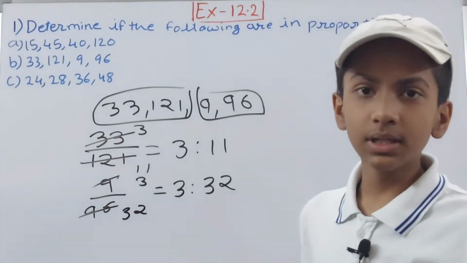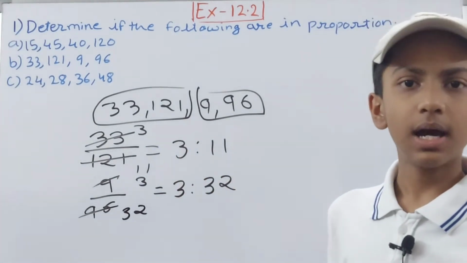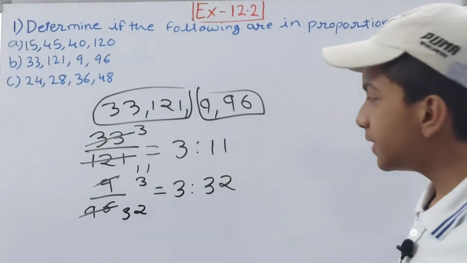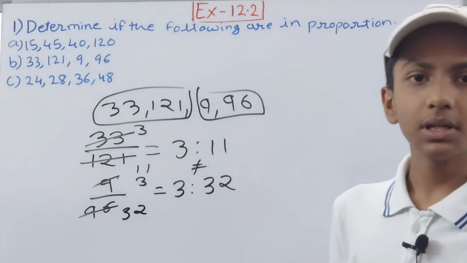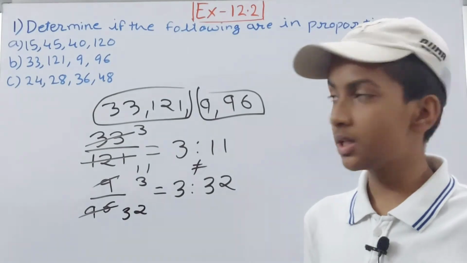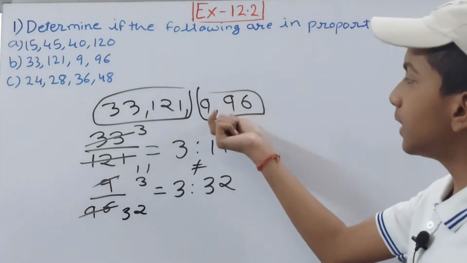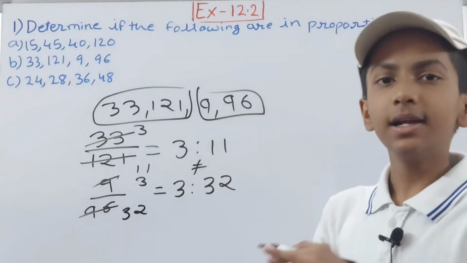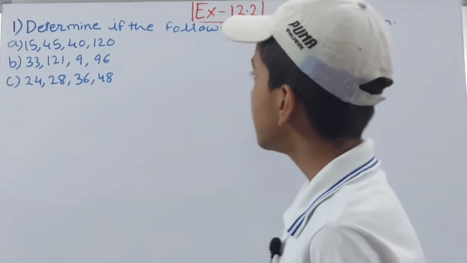Now you see that the two ratios are not the same. So these two are not in proportion. That means these 4 numbers, 33, 121, 9 and 96, are not in proportion.